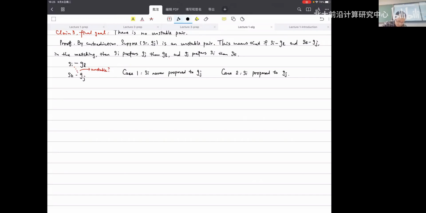So what is the issue with the first case, that SI never proposed to GJ? Because students propose in decreasing order of preference, this is just the first observation.